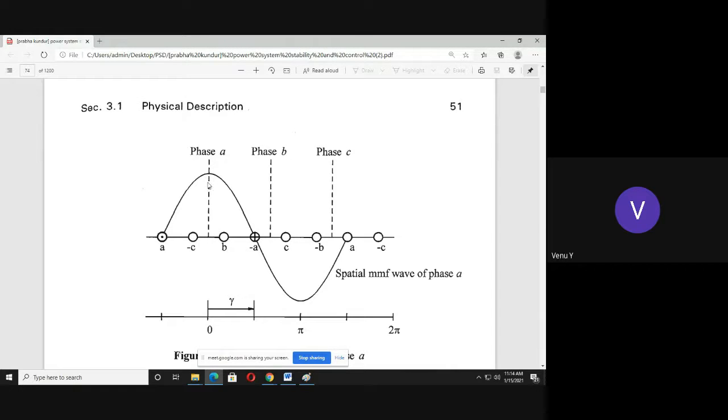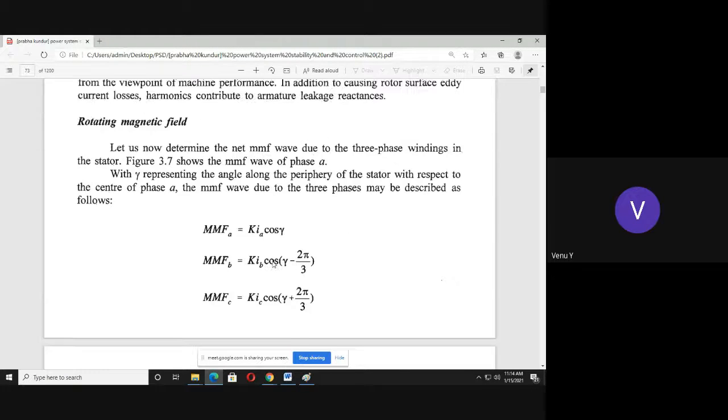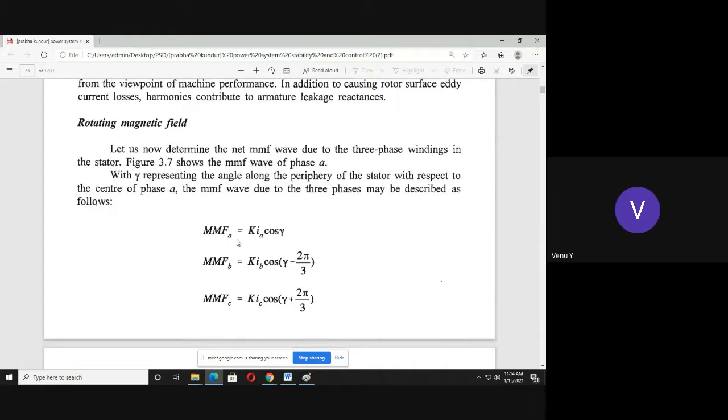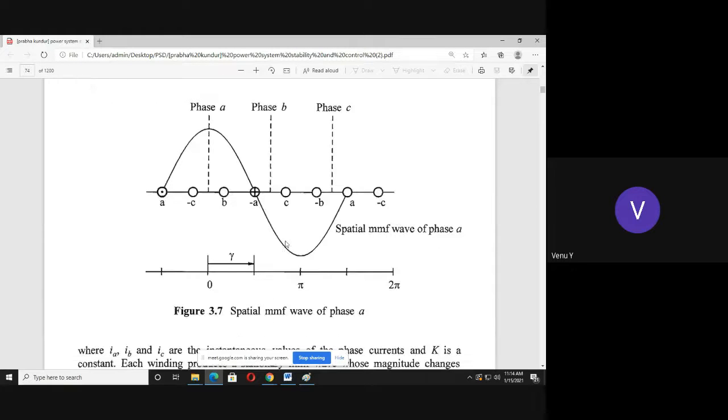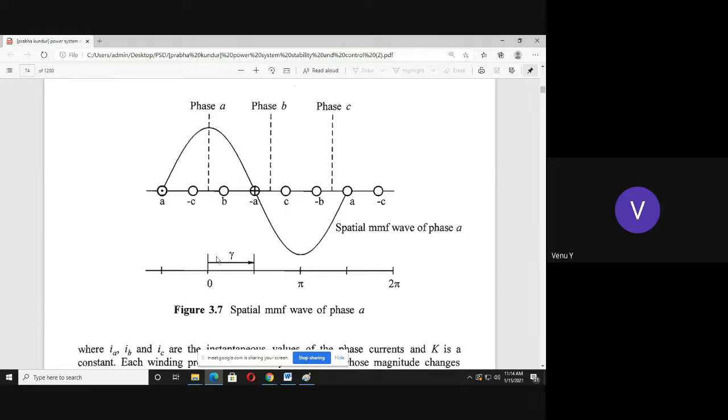So this can be represented as the MMF of phase A. K is a constant, IA is the current flowing through, and gamma is the angle, cos of that angle.